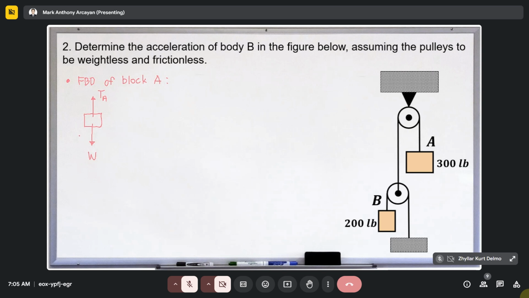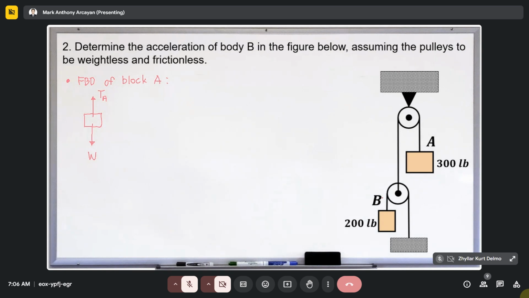Now, if we're going to analyze systems that are in motion, we need to indicate the direction of motion. And for our system here, take note, class, that we have this kind of arrangement of our pulleys in which, by observation, the accelerations of these two blocks are different.